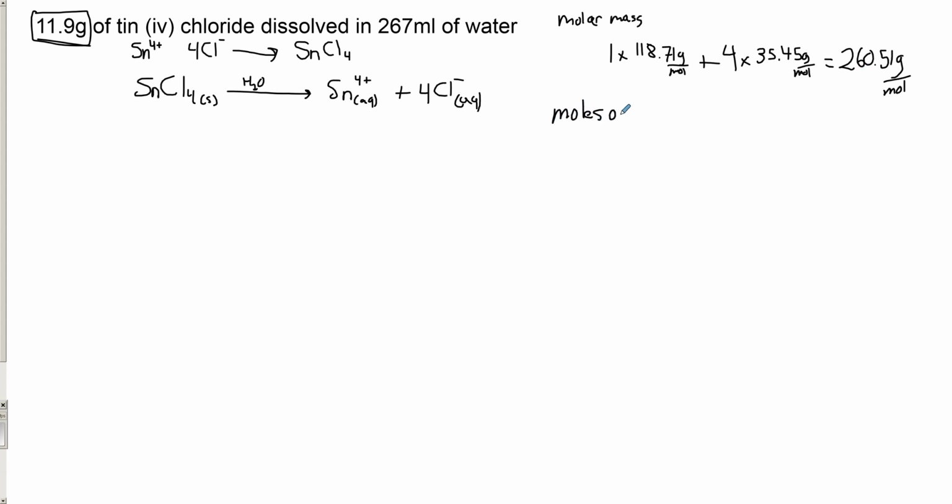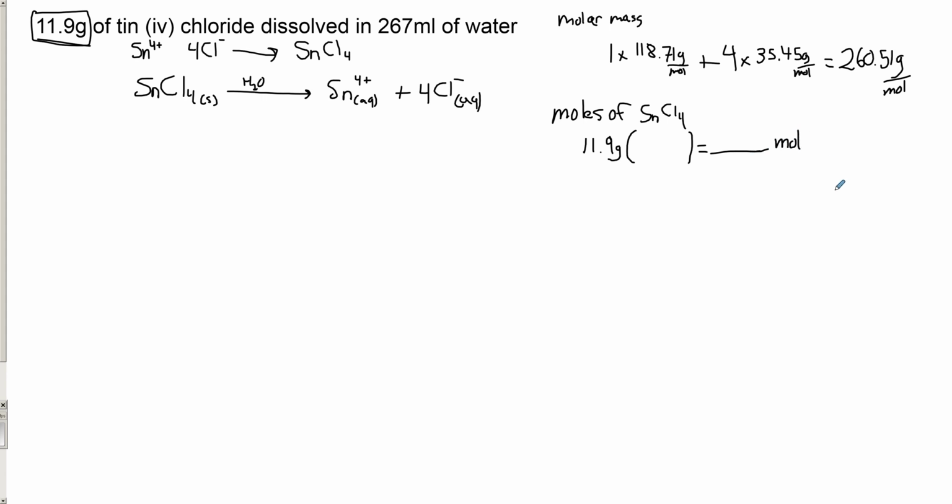When we do a mass to moles calculation, we start with the mass. So 11.9 grams. I open up a conversion bracket. We're familiar with those. I know that my answer has to be in moles, because I'm going to need moles in order to make moles per liter.